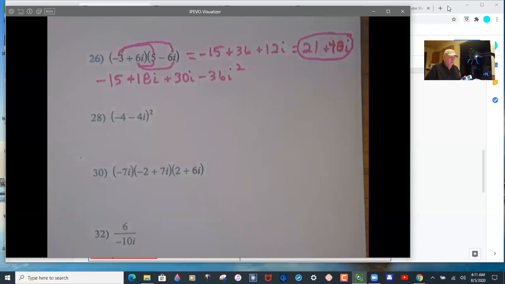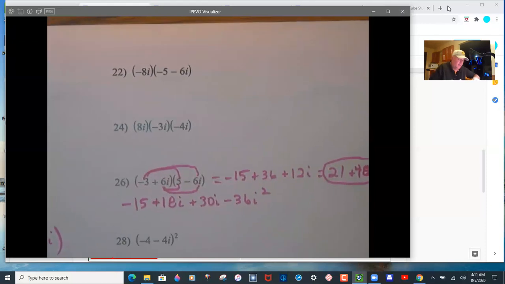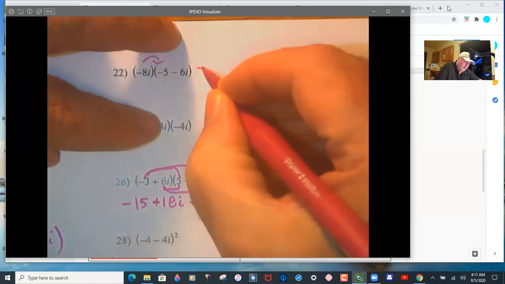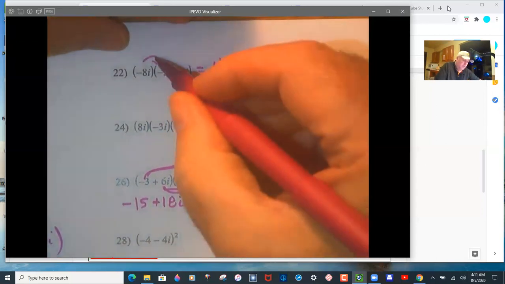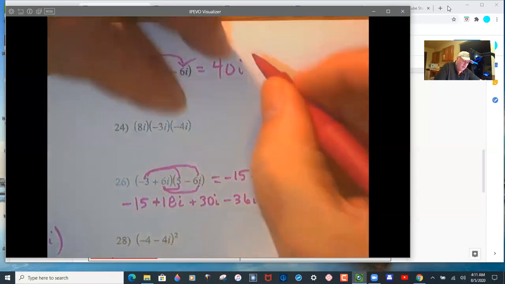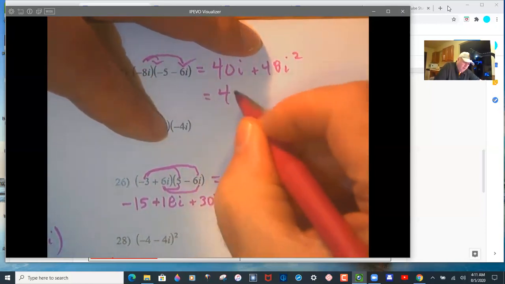Okay, what about FOIL products? You can do ones like these, which then you'd get a power of i on. So this is 40i and then plus 48i squared, which, there we go again, the i squared, that's the big one.